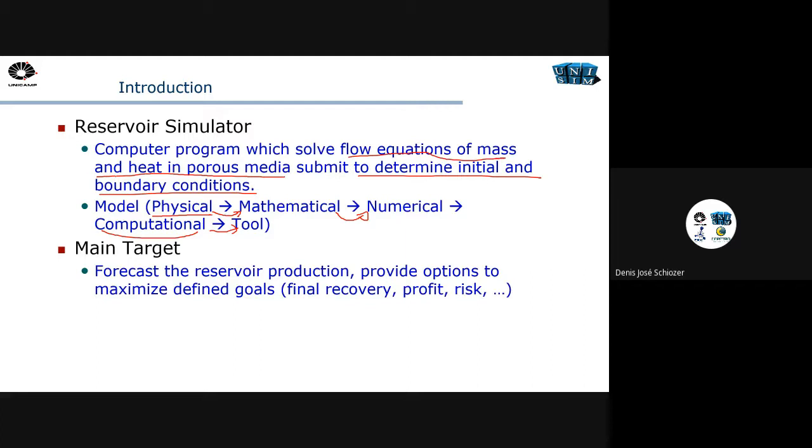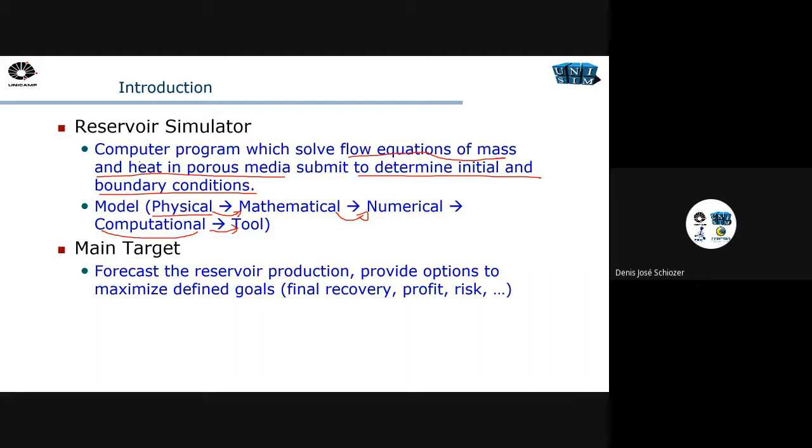We are not talking a lot about this thermal simulator here in our course because it is not very used in Brazil, because the focus of Brazil is really the pre-salt, and in the pre-salt normally we don't use thermal simulators.